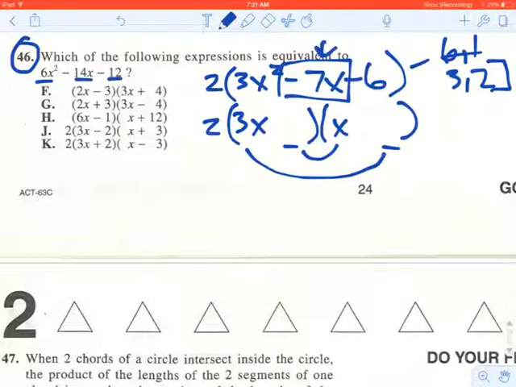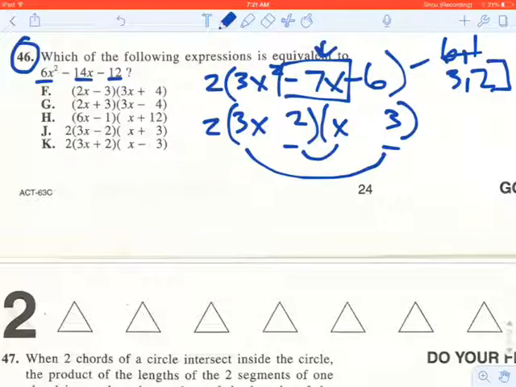So it has to be 3 and 2. If we do 3 here and 2 here, we get 3x in our inside term and 6x in our outside term. Again, that gives us a difference of 3x. So let's try it the other way around. If we have 2 here and 3 here, we've got 2x in the middle and 9x on the outside. So 9x and 2x does have a difference of 7x.